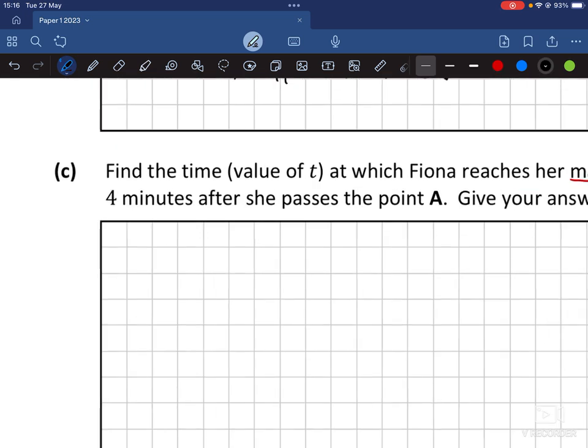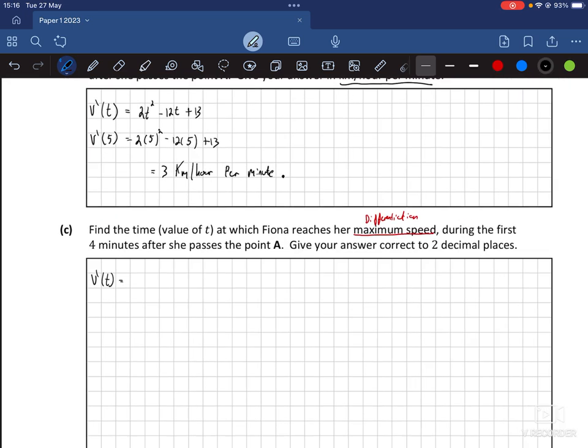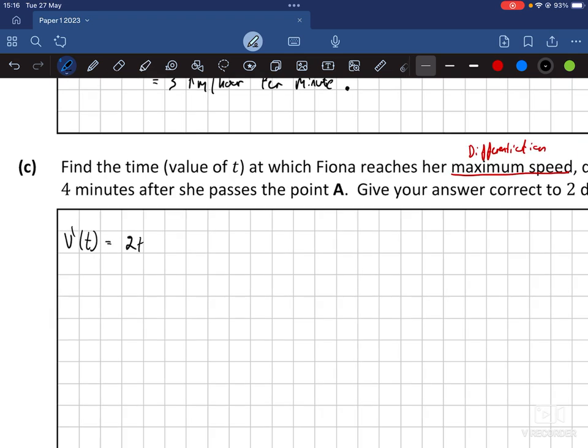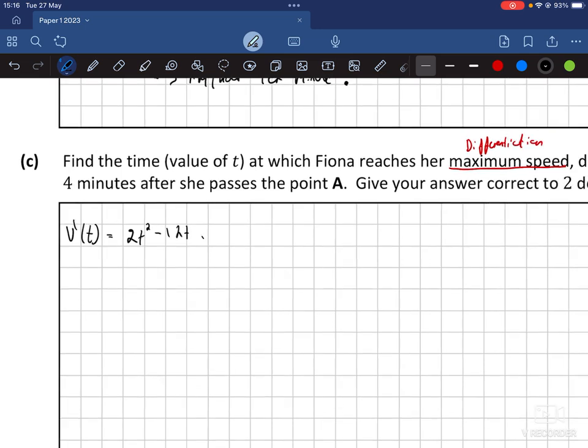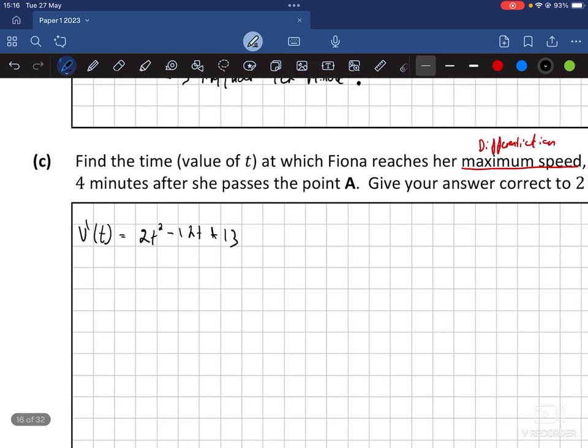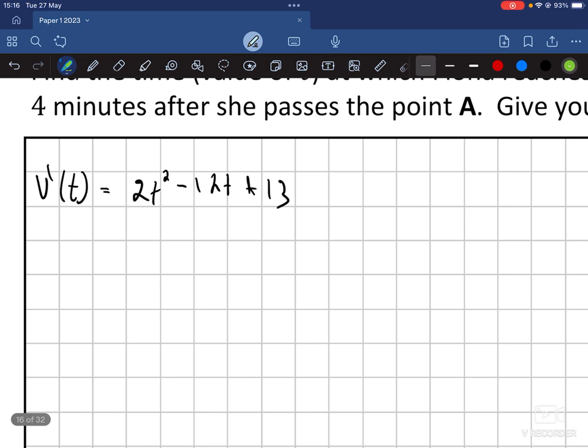So first of all, I'm going to write down the derivative, which we know. The derivative of our speed is 2t squared minus 12t plus 13. Now, to find the maximum speed, we do the same thing every single time. Anytime you see maximum, differentiate and set equal to 0.